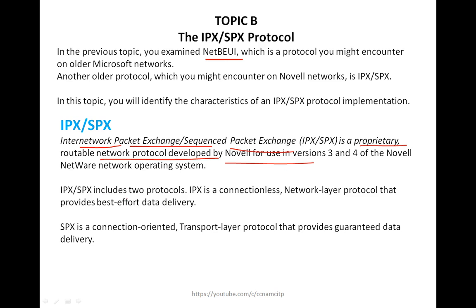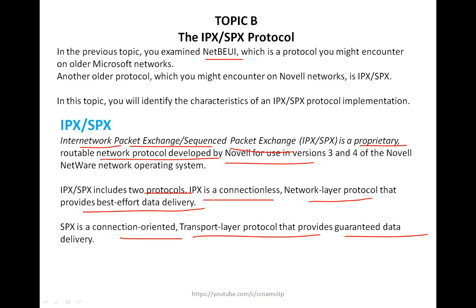IPX and SPX include two protocols. IPX is a connectionless, network layer protocol that provides best effort delivery. SPX is connection oriented, just like TCP, and IPX is like UDP. SPX is a transport layer protocol that provides guaranteed data delivery.